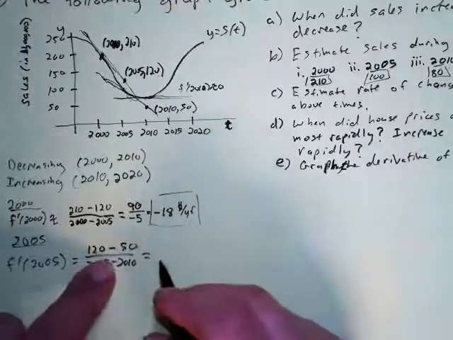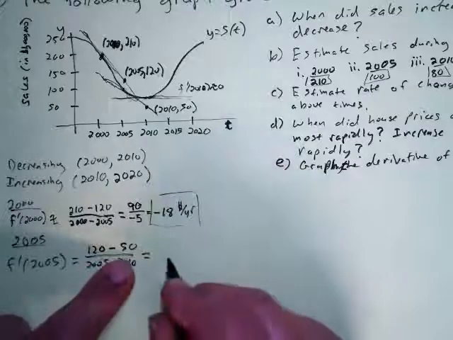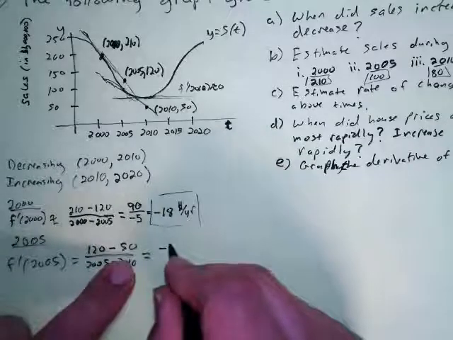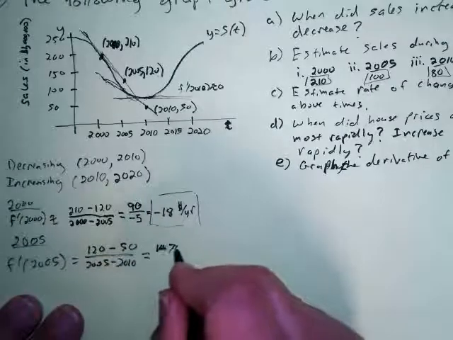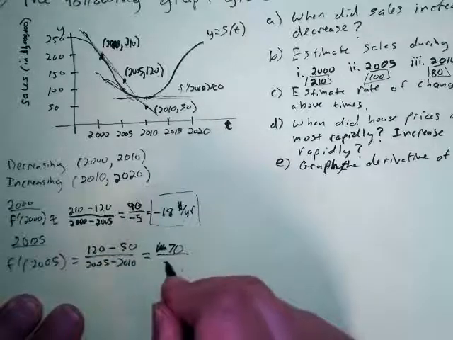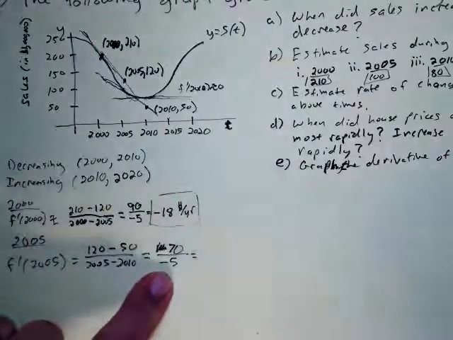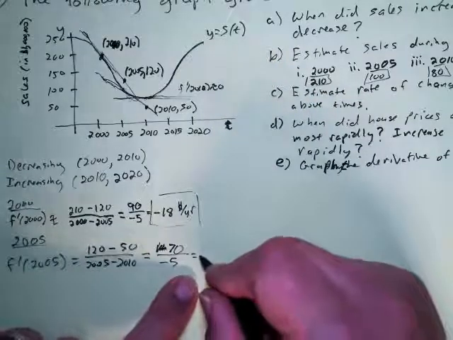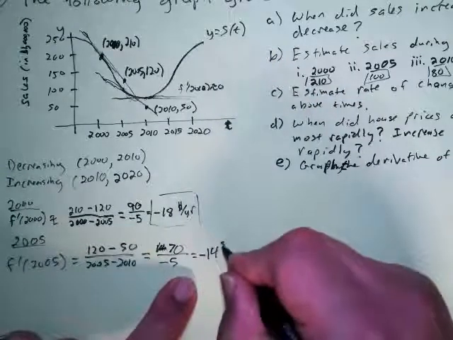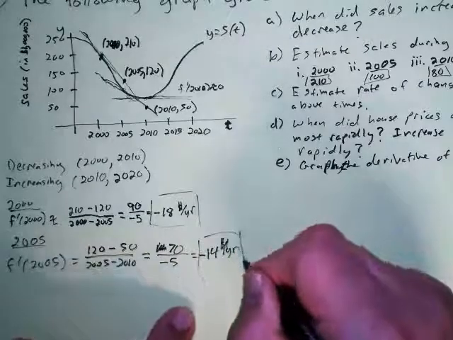And so this would be, no, that would be a positive 70 over a negative 5. And so 70 would be like 14, so negative $14 million per year. So this would be negative 14.